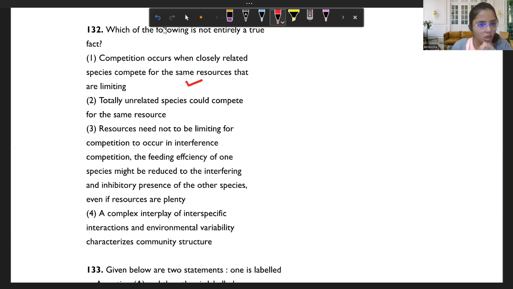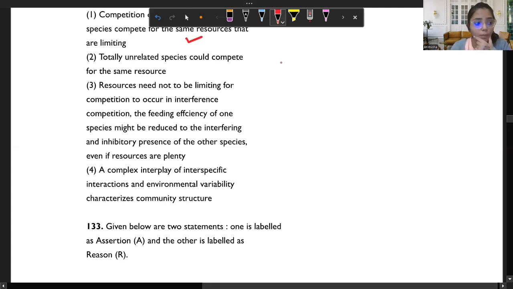True statement. Okay. Totally unrelated species could compete for same resource. Exactly. Now, suppose human being wants chicken to eat, lion also wants chicken to eat, and there is only one chicken. We both would compete. We are totally unrelated species, but we can compete with each other. That is a true statement.